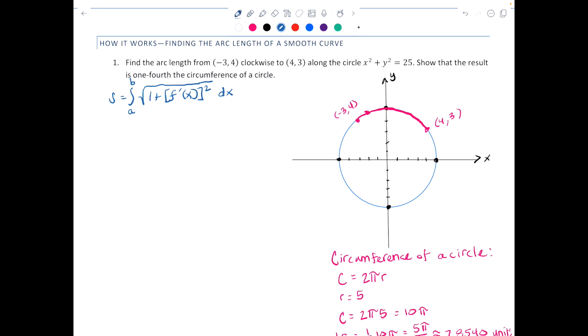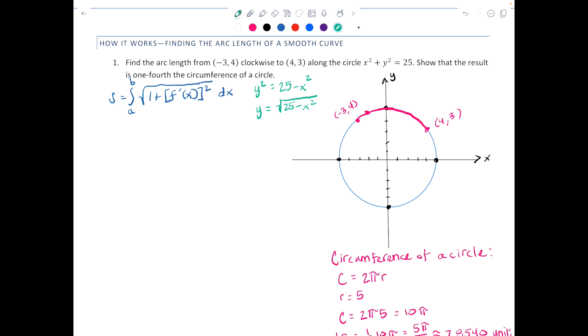So we need to find a few things. If we look at y squared, isolating that, we get 25 minus x squared. We're in the positive part for the y values, so I'm going to choose the positive square root of 25 minus x squared.